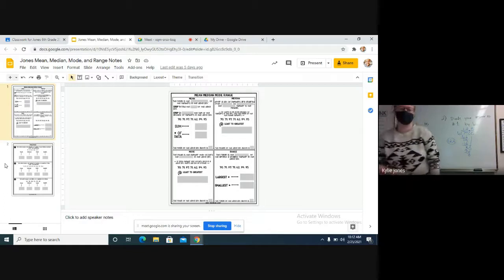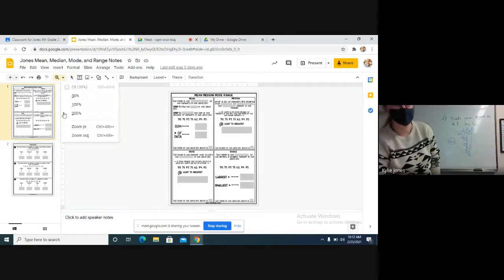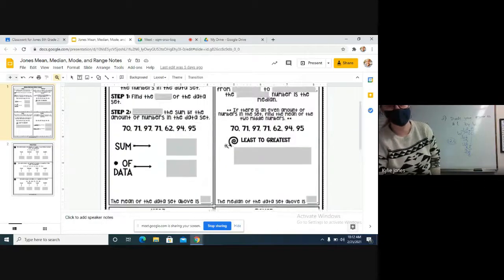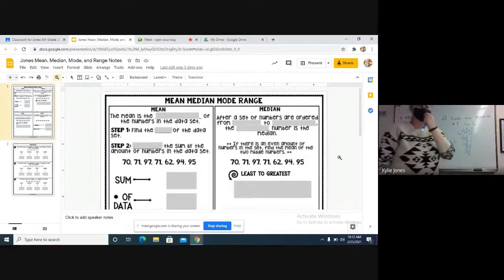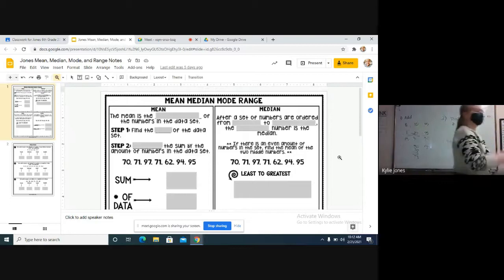So go ahead and get that pulled open. You can get zoomed in on it so it fits nicely on your screen. 100 works really well. There's one too many M's, but you were close. MMR. That is the abbreviation that gets used. Okay, so go ahead and open up those notes, please.